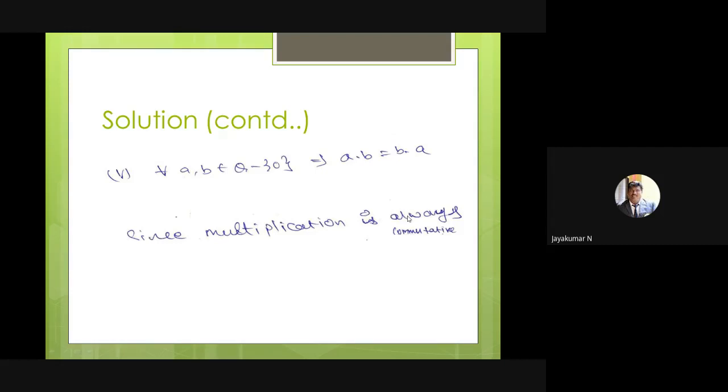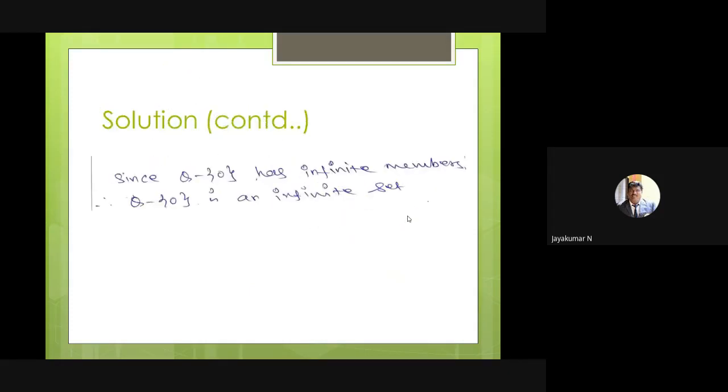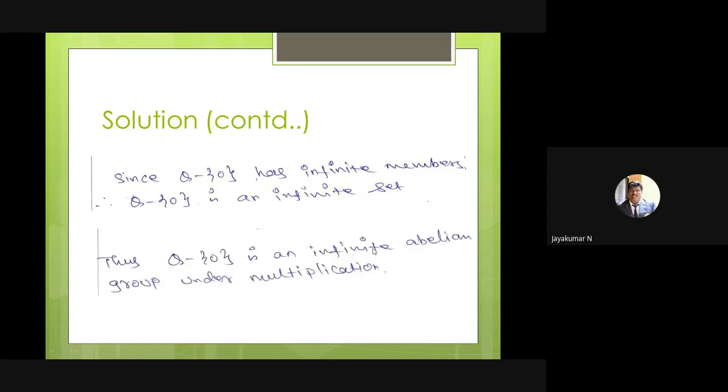When you deal with numbers, whether multiplication or addition, for associative and commutative you can directly write the statement. No need to prove. So the commutative axiom is satisfied. One more thing: since Q minus 0 has infinitely many numbers, Q minus 0 is an infinite set. Finally, we conclude that Q minus 0 is an infinite abelian group under multiplication.